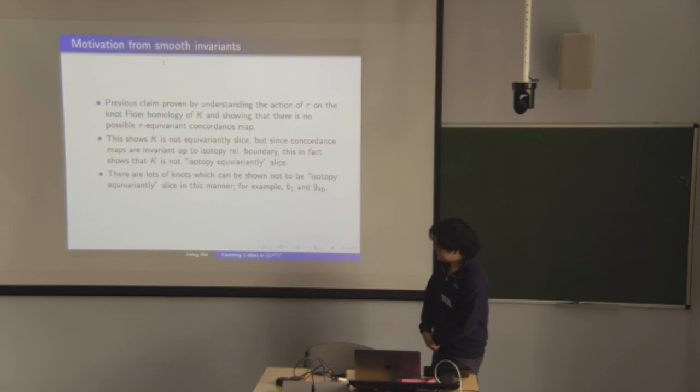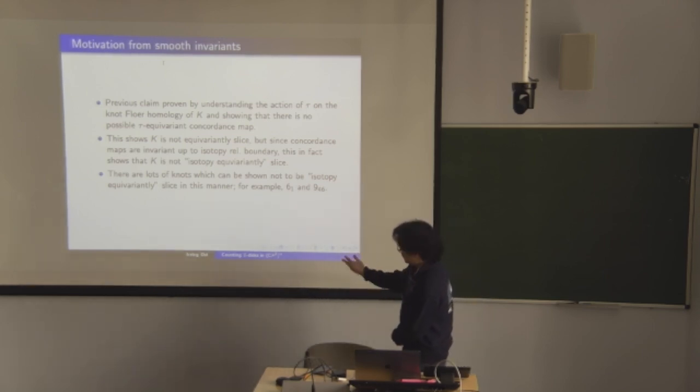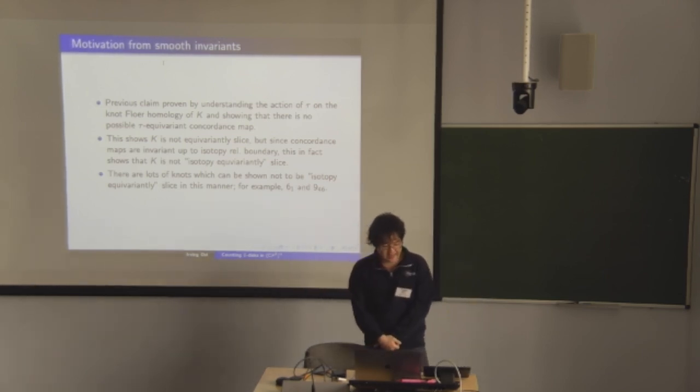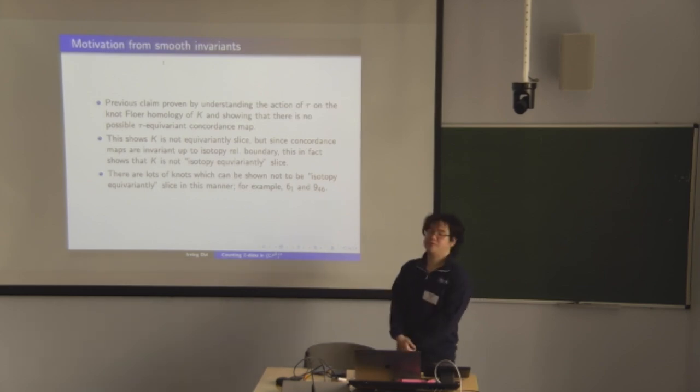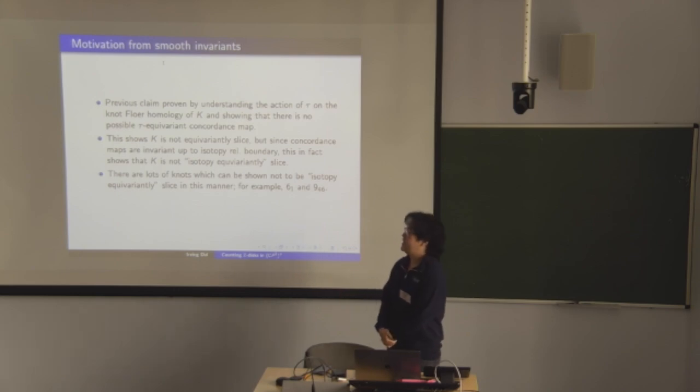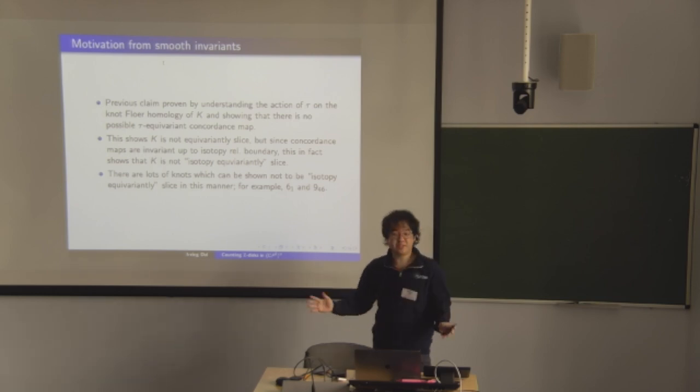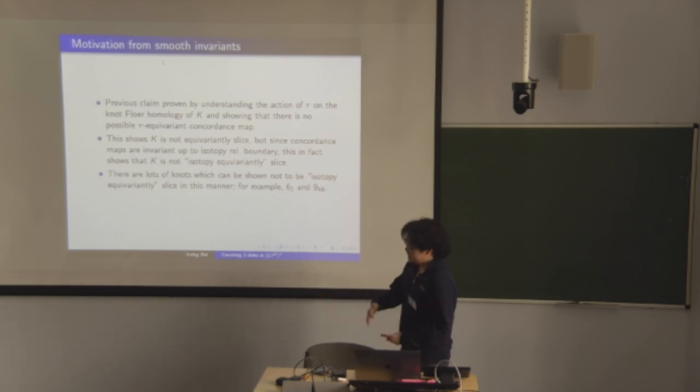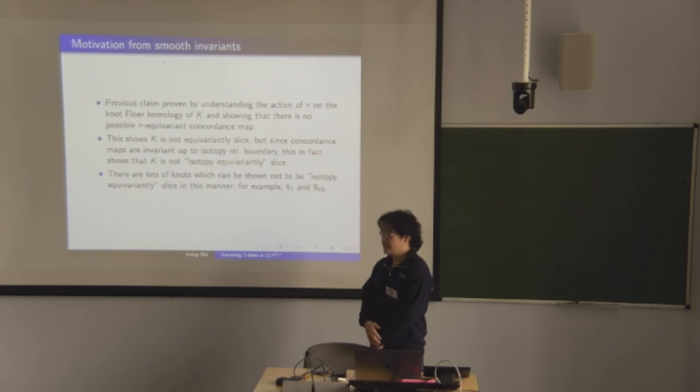Well, as I said before, the proof proceeds by looking at the knot Floer homology of the knot and analyzing the action of the symmetry tau on it. Now, let's imagine that I had a slice disk for this knot that was perfectly symmetric. Because of the TQFT properties of knot Floer homology, this slice disk induces a map from the knot Floer homology of the unknot to the knot Floer homology of my knot.